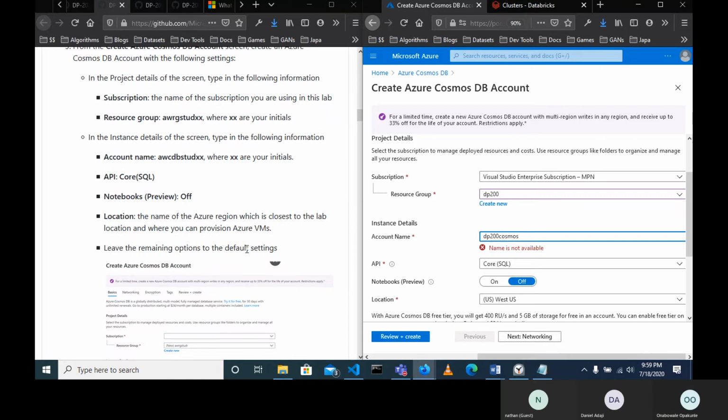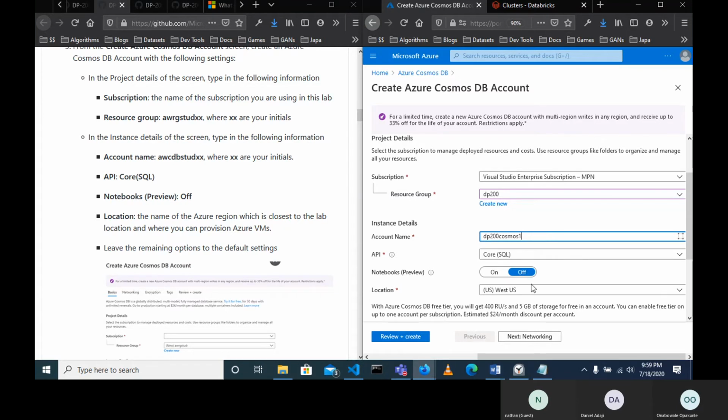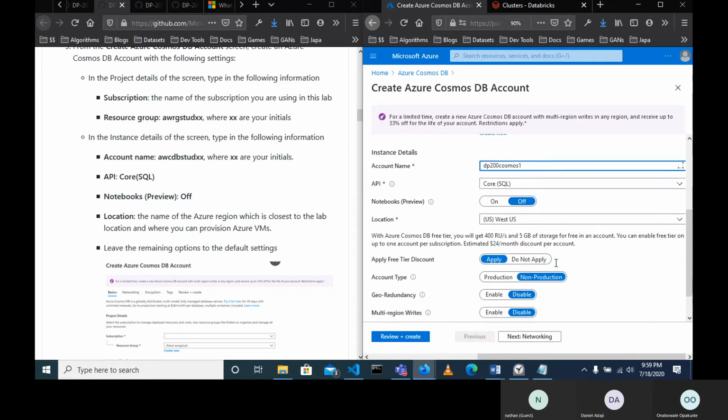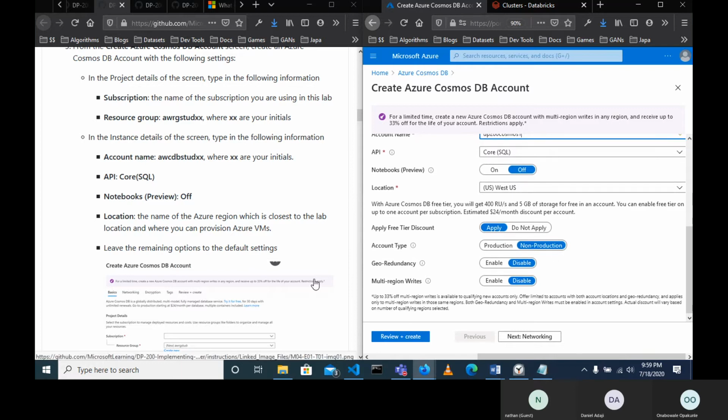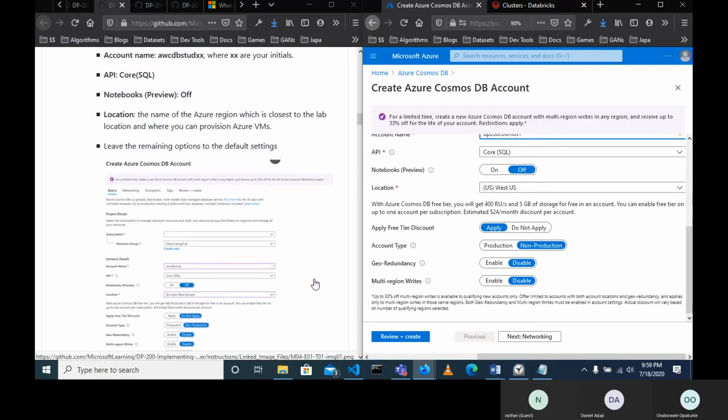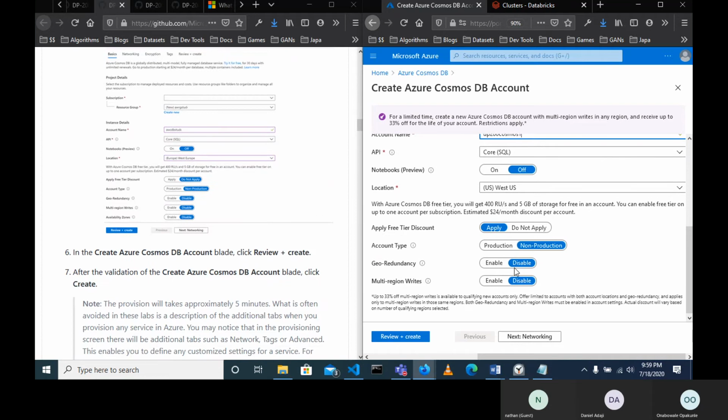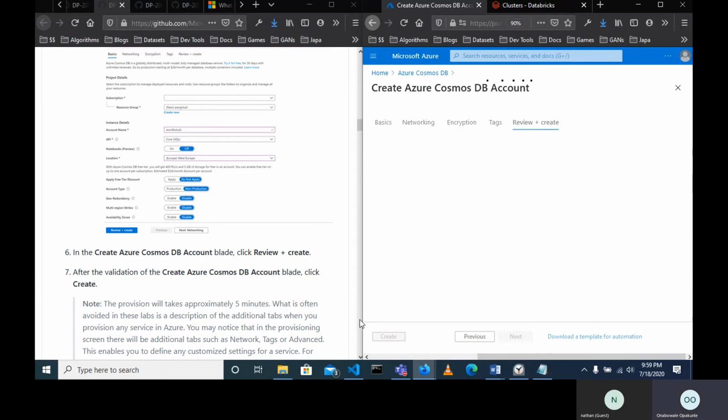SQL. I'm going to delete it once we're done.